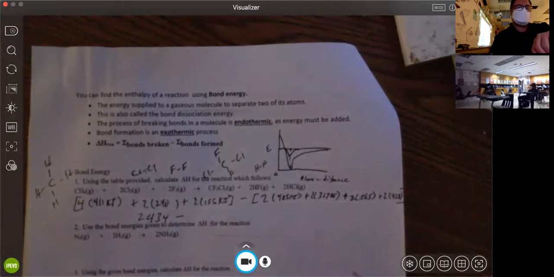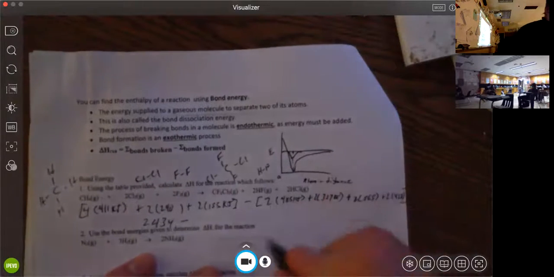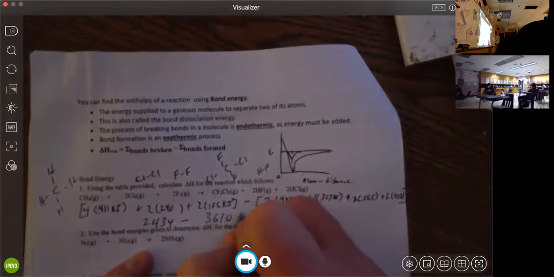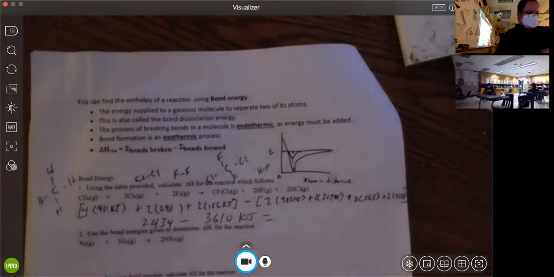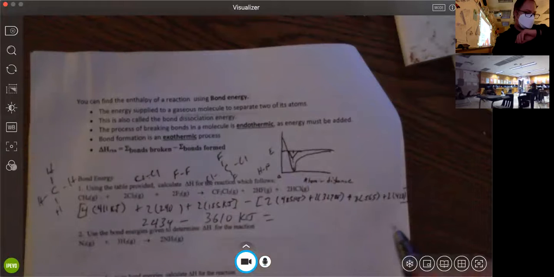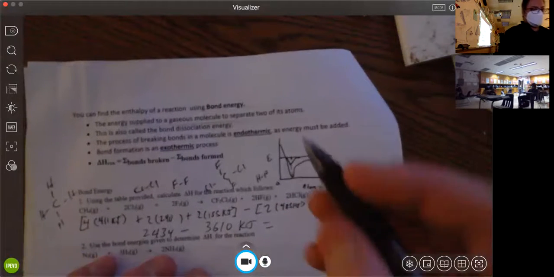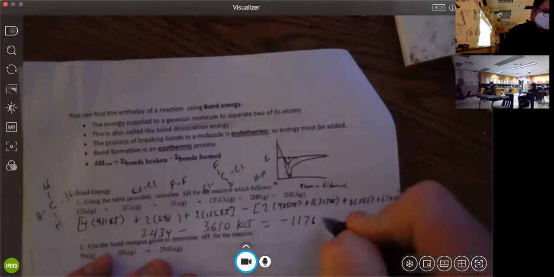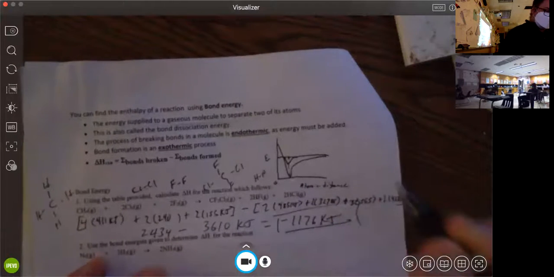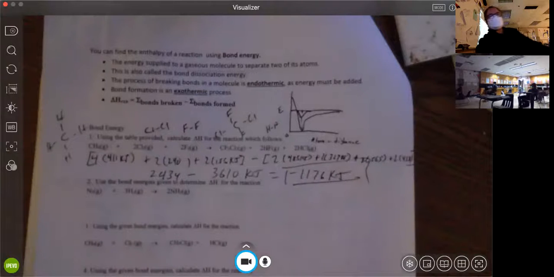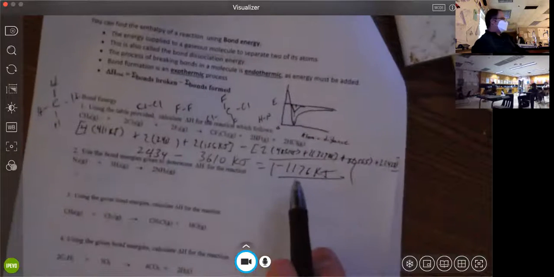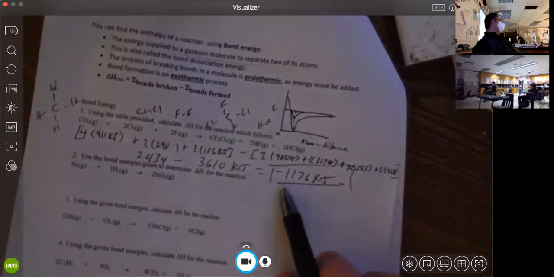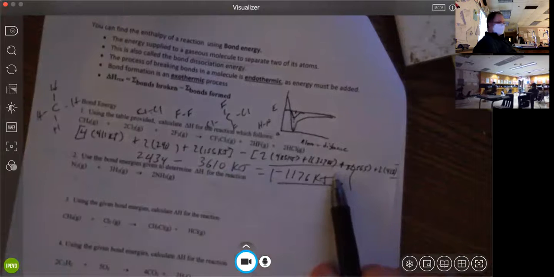That would be 3,610. 2,434 minus 3,610. It's negative 1,176. Boom. So that means that this equation has a delta H of negative 1,176 kilojoules.